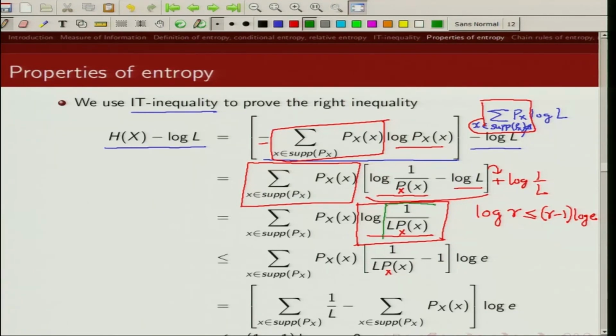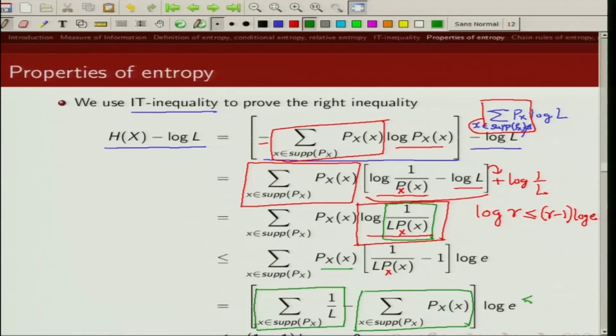This is my r here, right? So I can then write log of r as r minus 1 times log of E. So this can be written as r minus 1 log of E. Simplifying it, the first term is the summation over p(x) of 1 by L p(x), so that's this term, and then the second term is minus the summation over the support set of p(x).